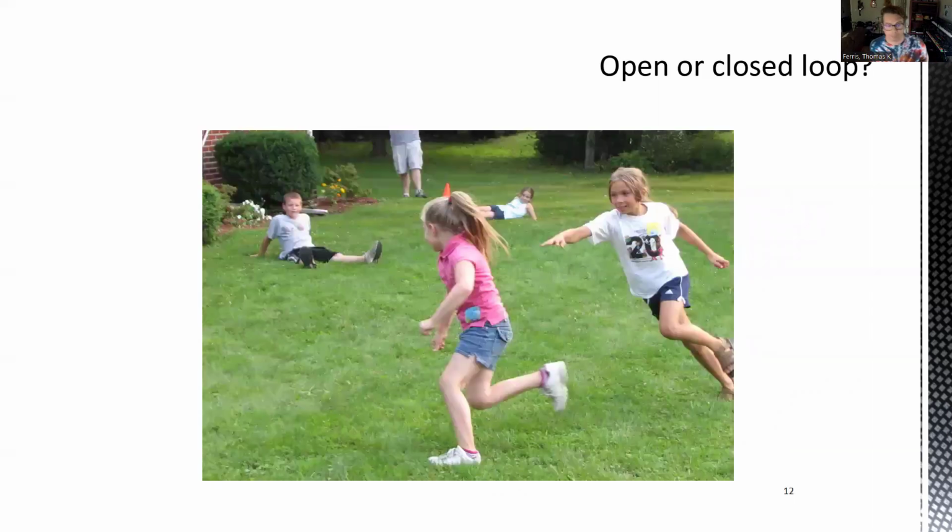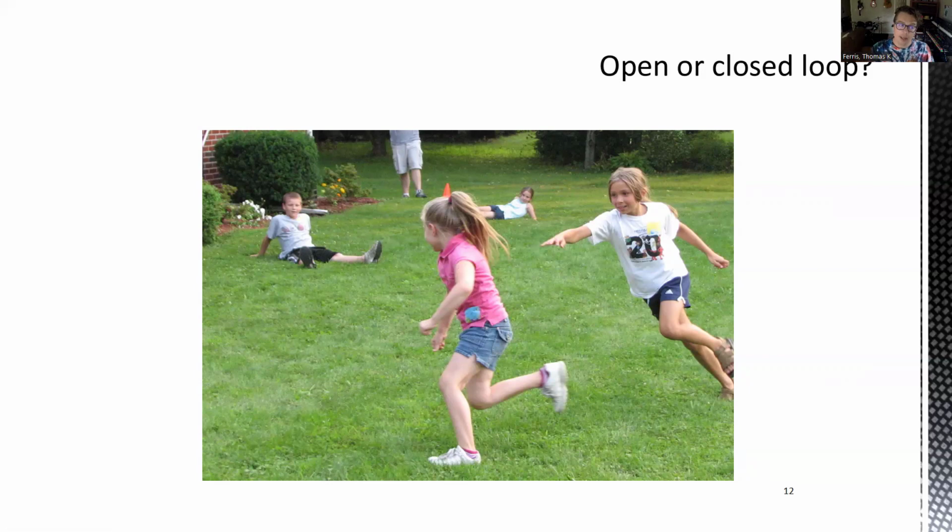If I'm playing tag, I'm chasing somebody, I may be continually reacting to their movements and trying to compensate. So you might call it closed loop, or you might say, I'm going to try to trick them and I'm going to try to cut them off at the pass. Maybe more of an open loop activity.